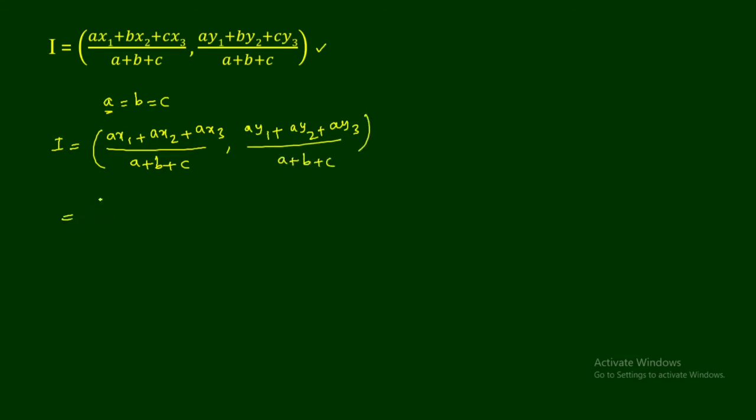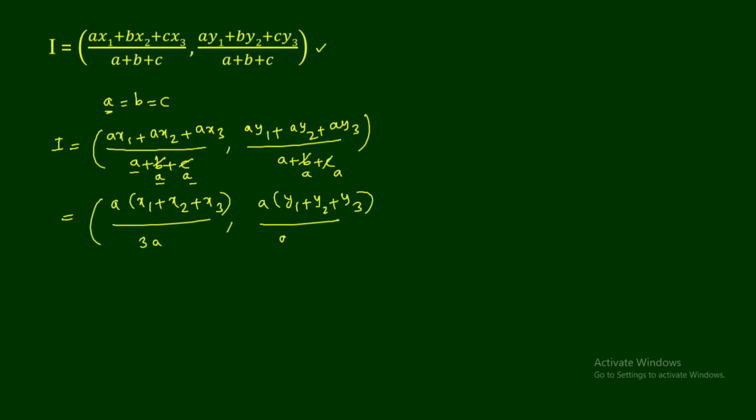So now if you take a common in the numerator, that will be x1 plus x2 plus x3 by, we have to replace b and c in the denominator also by a. So a plus a plus a, that is 3a. Here also, if you take a common, y1 plus y2 plus y3 by 3a. So here a gets cancelled, a gets cancelled.